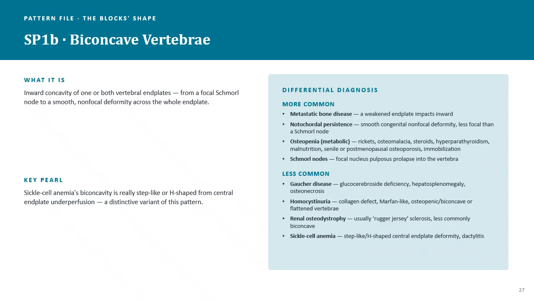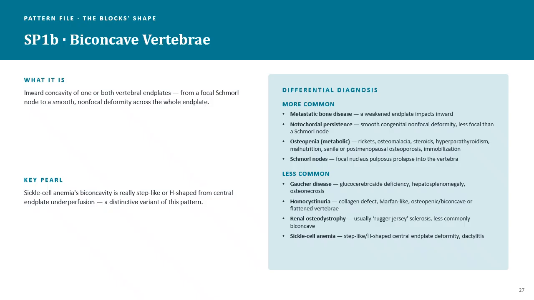This causes the vertebrae to develop a more distinct shape, an H-shaped appearance. So again, the main thing to remember when we're talking about biconcave is that the end plates curve inward. And when I say end plates, I'm talking about either the top or the bottom surface.